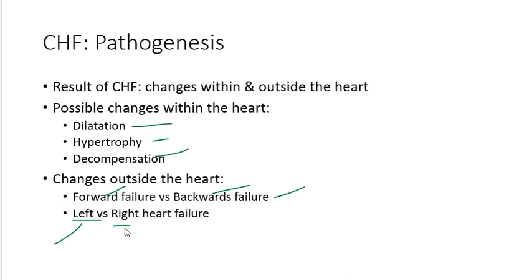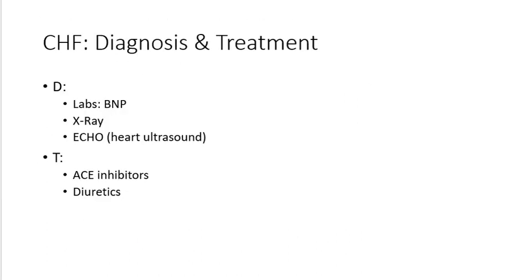And in right heart failure, you have typically ascites, edema, liver problems, appetite problems because of swelling of the mucosa, generalized swelling of the body. Yes. And then we spoke about the diagnosis, so BMP, X-ray, echo, and we spoke about the treatment, so ACE inhibitors and diuretics. That is the conclusion, heart failure.